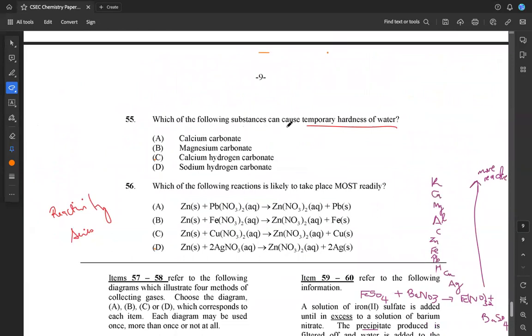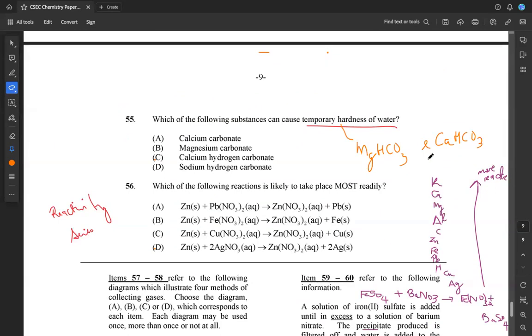55 says, which of the following substances can cause temporary hardness of water? Okay, so temporary hardness of water is related to two species, right? It can be magnesium hydrogen carbonate, and it can also be a result of calcium hydrogen carbonate.